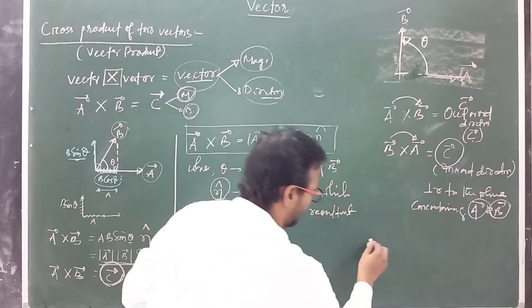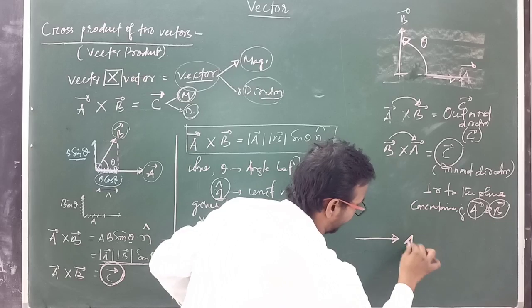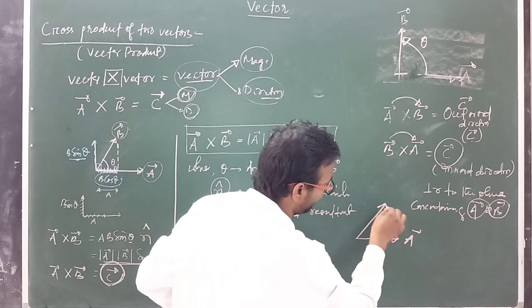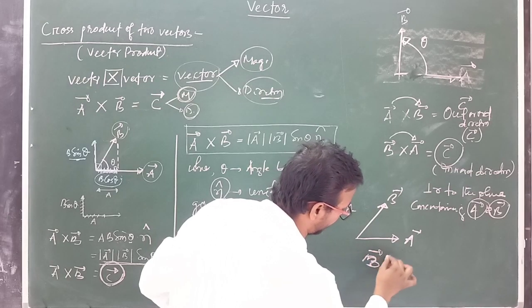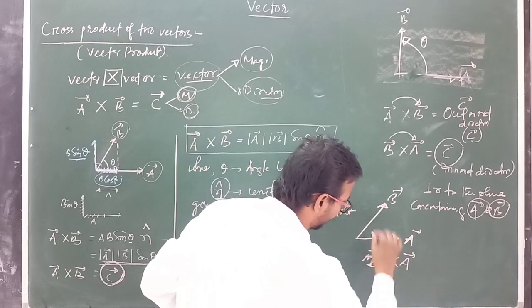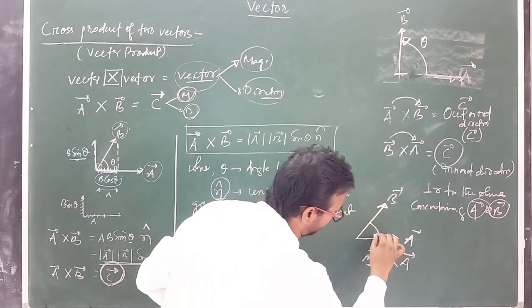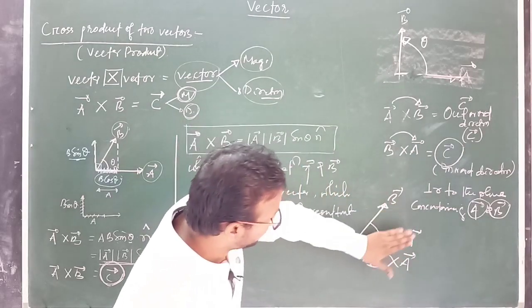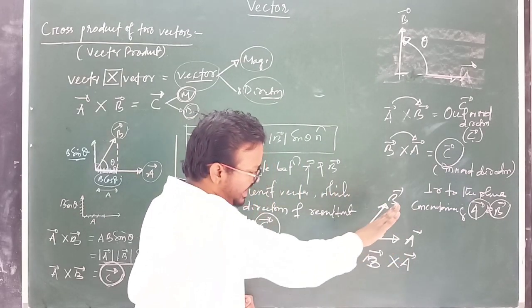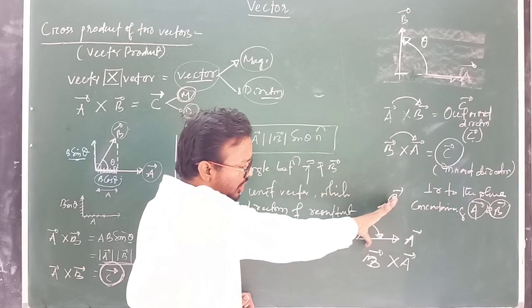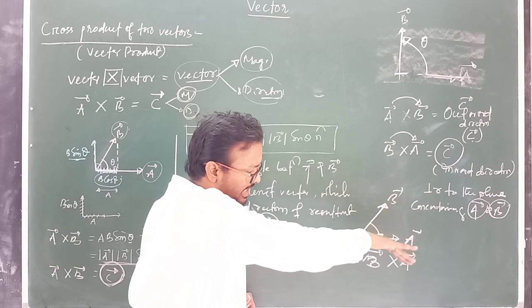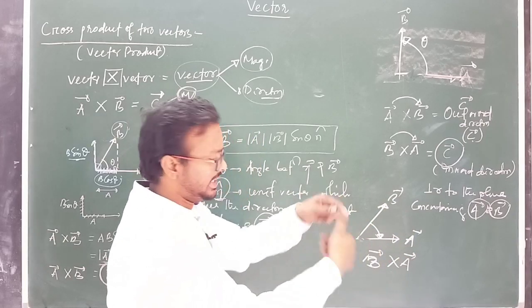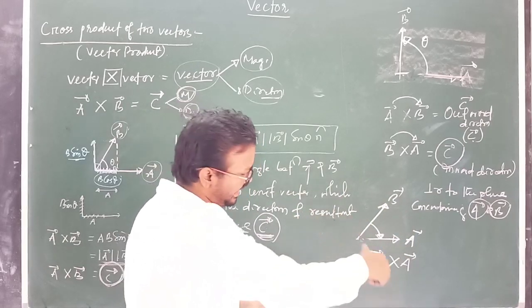Again, A vector and here B. Suppose I am writing here B vector cross A vector, then B vector to A vector. This is the plane containing A and B vector. First place the palm on B, cross A, B to A, B cross A which indicates the inward direction, thumb indicates inward direction.